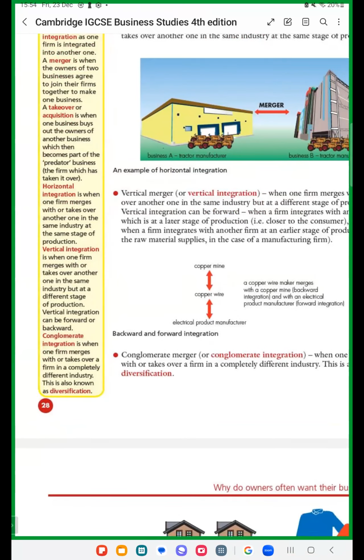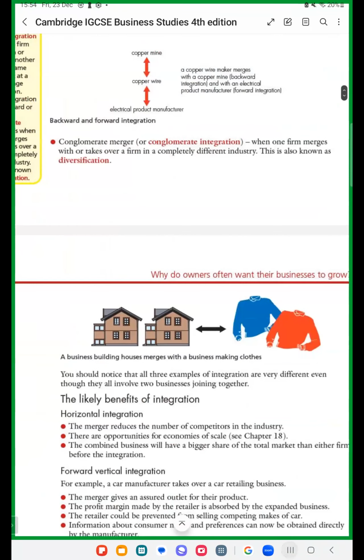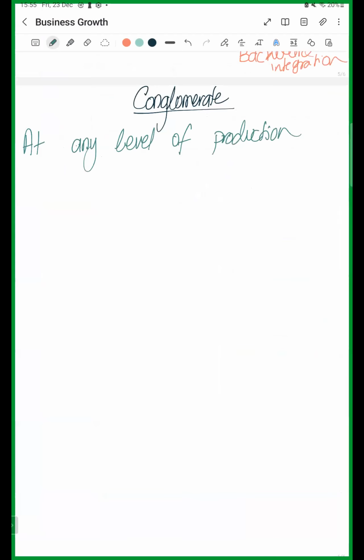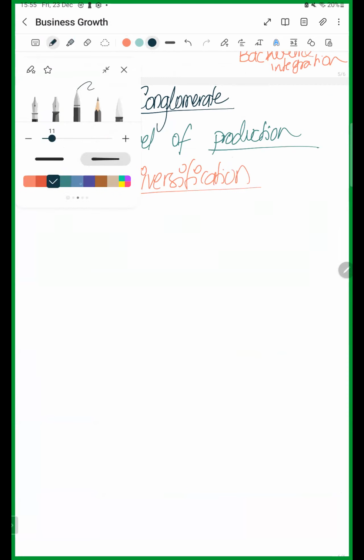It's also known as diversification, right? So you would be shocked and surprised to know that a conglomerate is a diversification. A company which merges or takes over with another company which is completely different.